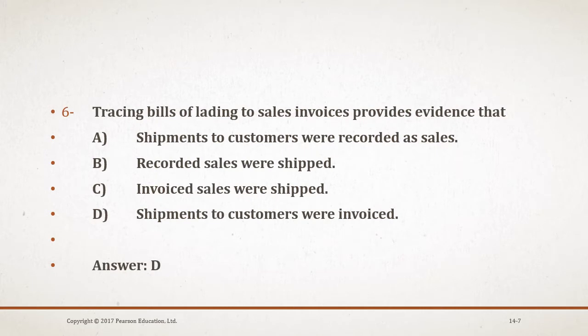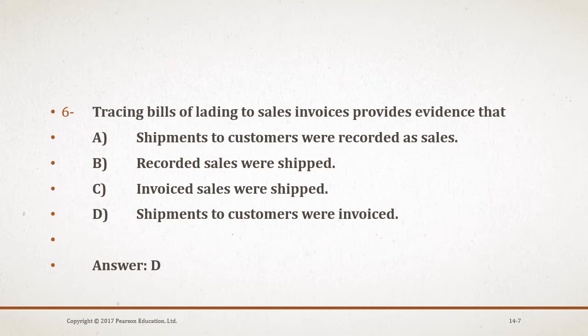Number 6: tracing bills of lading to sales invoices provides evidence that... realize that tracing bills of lading to sales invoice, we want to make sure that for all shipped goods, afterwards we send our customers invoices.